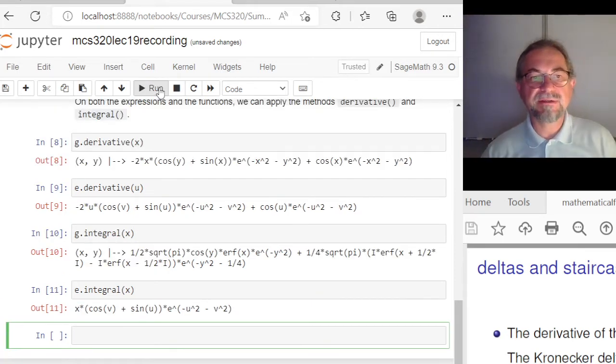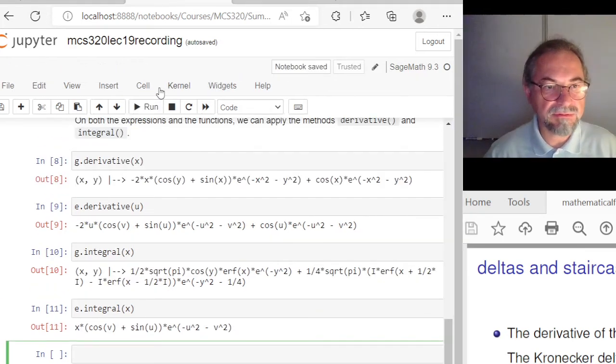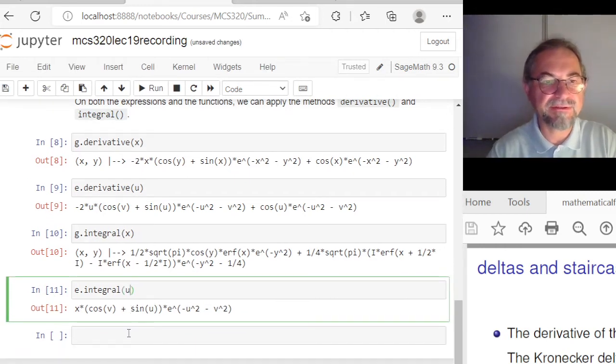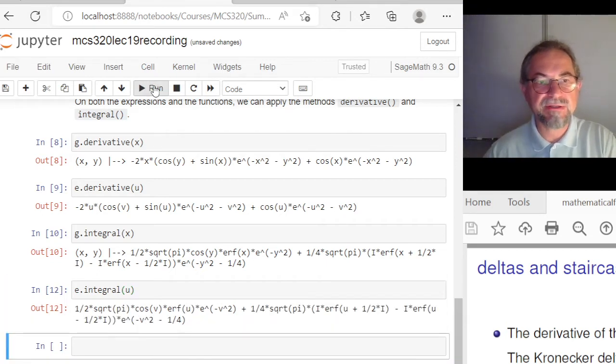Oops, so you see again I was careful but I was distracted. Taking the antiderivative with respect to x didn't make much sense, so I have to take the antiderivative with respect to u.